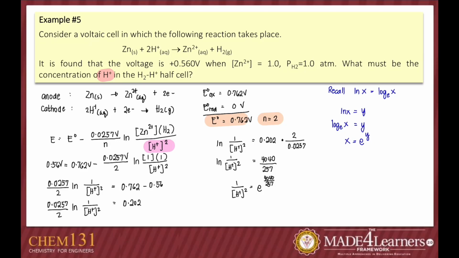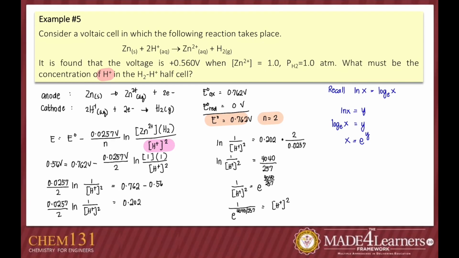And then, because the h plus is in the denominator, we switch the two to each other's places. And so, that's 1 over e to the power of 4040 over 257 equals h plus squared.